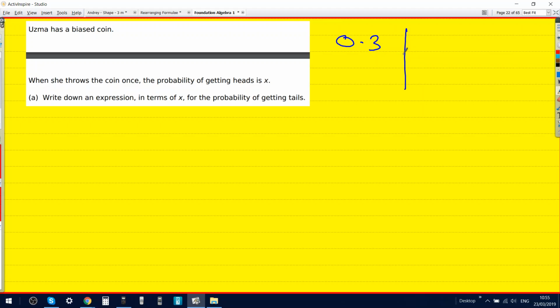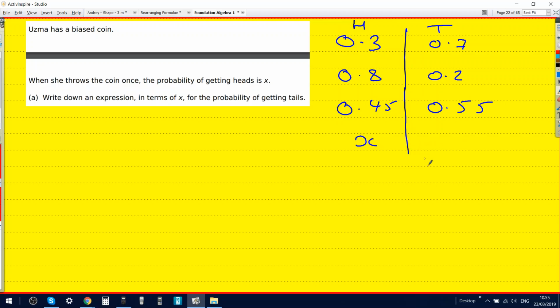So if that's heads, what would be tails? Would that be 0.7? Okay, if it was 0.8. 0.2. If it was 0.45. That would be 0.55, sorry.